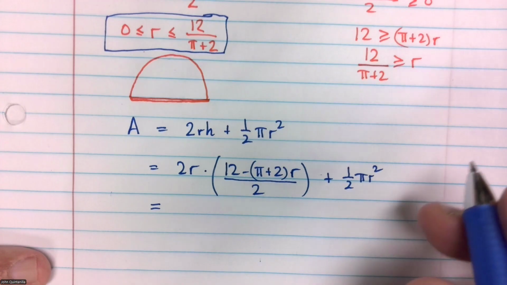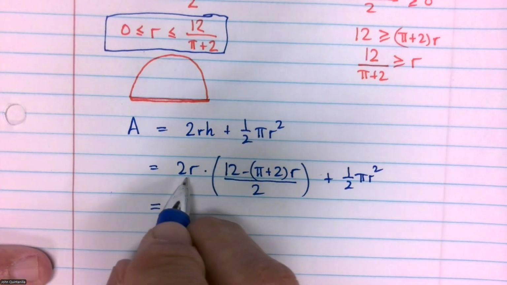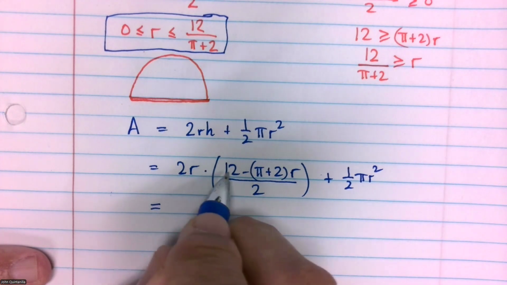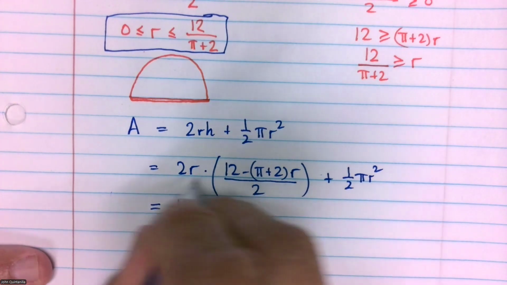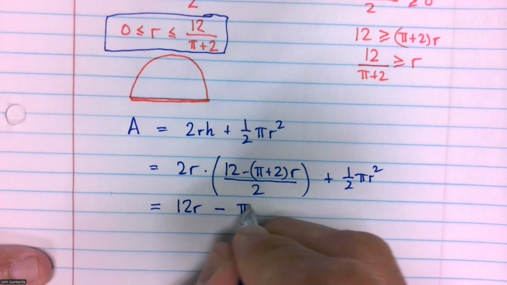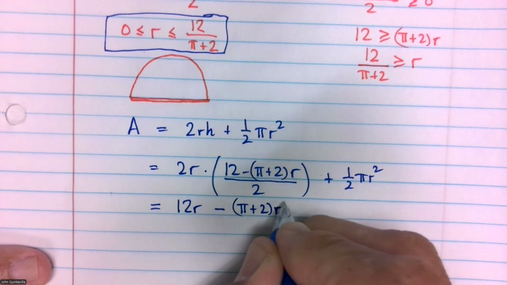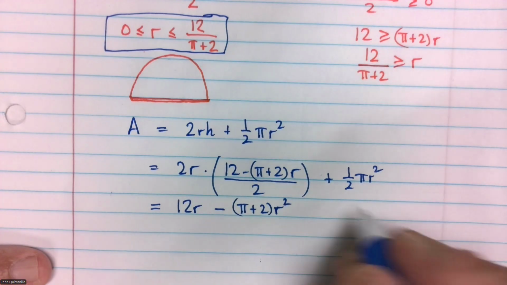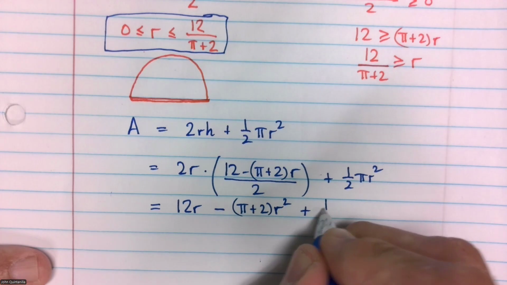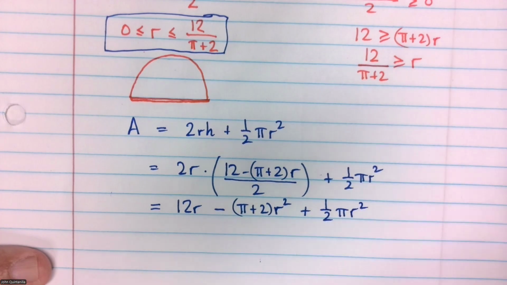Here I have 24r divided by 2, so that's 12r. Then I have minus (pi plus 2) times r squared, and then plus 1/2 pi times r squared.